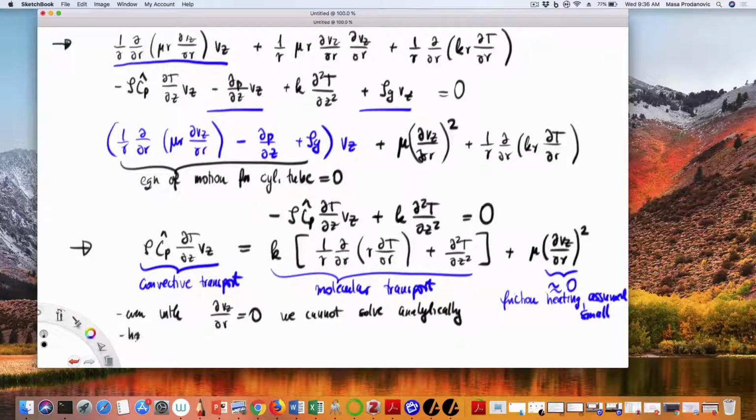However, convection in z dominates over dissipation d squared T dz squared.